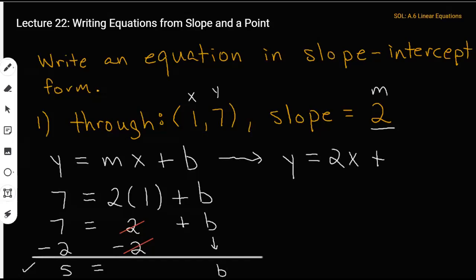And we just figured out that b is 5, right? So I'm going to put a 5 right here. And I'm done. That's going to be my answer. Y equals 2x plus 5. And I'm going to put a box around it, just so you're clear that this is going to be the answer.